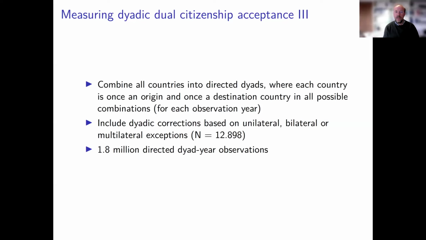And as I already mentioned, we also include dyadic corrections, because the main data set is based on the general rule, which applies to everyone, but in some cases there may be bilateral treaties between countries, or countries such as Germany, as I already explained, may have unilateral exceptions for naturalizations of its citizens in other countries or for citizens of particular countries.